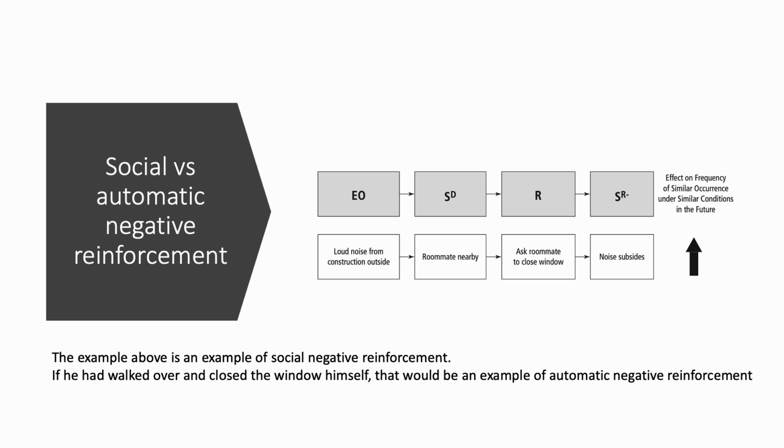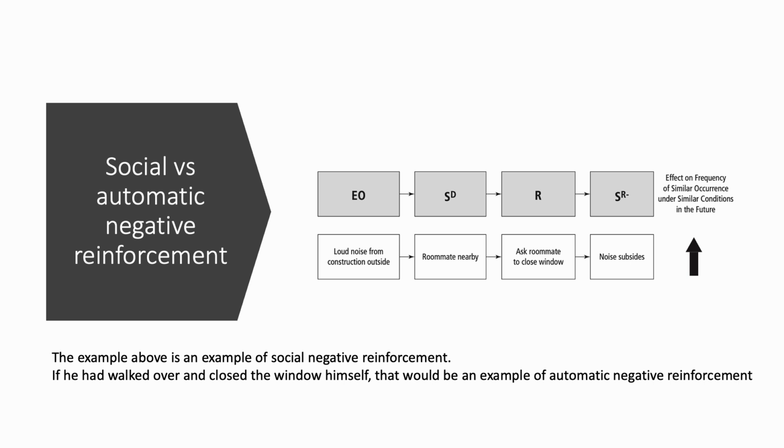Well, in this particular example, this is a form of socially maintained negative reinforcement, or social negative reinforcement, I'm sorry, where the roommate is the one that's providing us with access to that reinforcer. So it's the roommate that is engaging in the behavior in order to provide us with that reinforcer that we're seeking out.